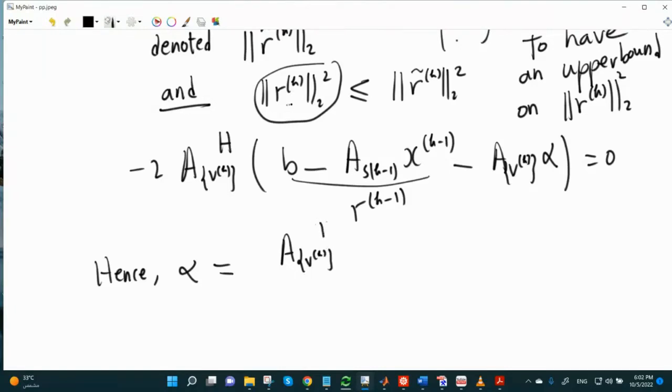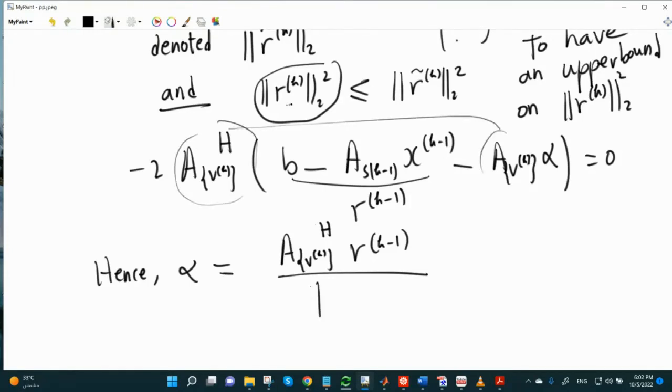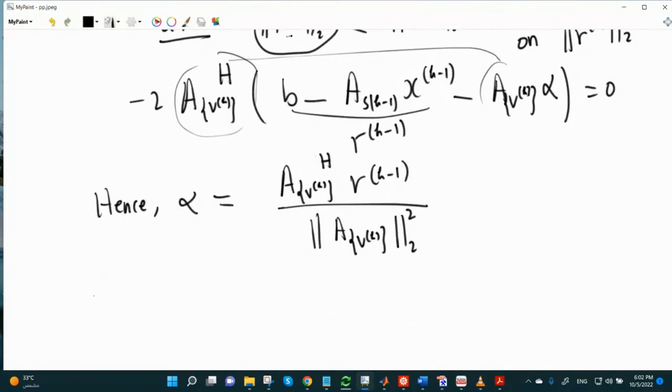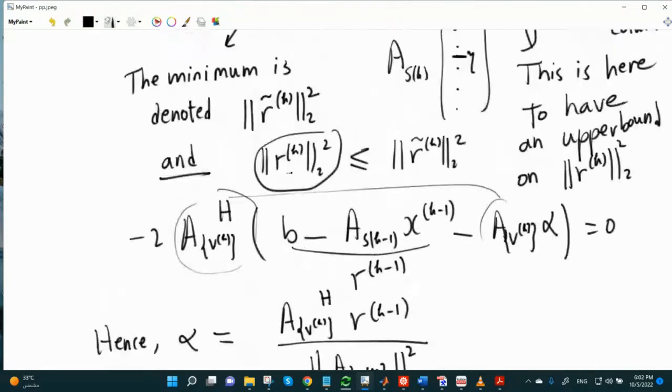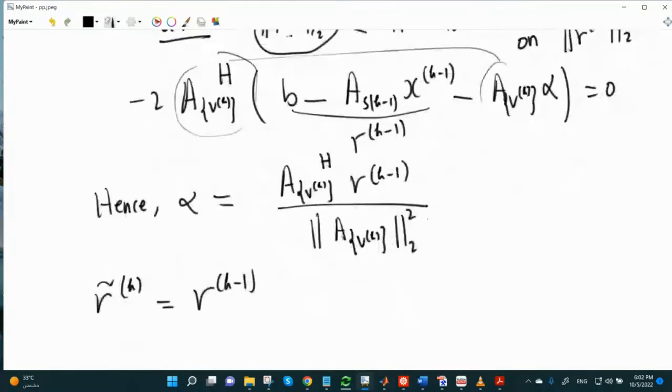a_K Hermitian times this guy, R of K minus 1, and then note that alpha is multiplied by this guy times this guy, so this is the L2 norm squared of this column from matrix A. So this is alpha, and R tilde of K is equal to R K minus 1, which is B minus A sub S of K minus 1 X, superscript K minus 1.